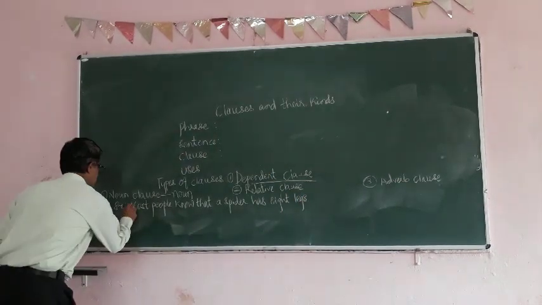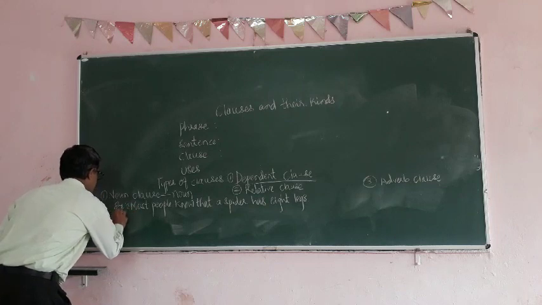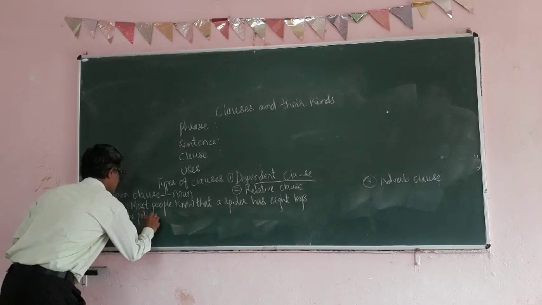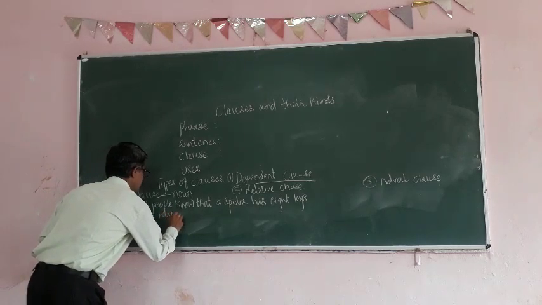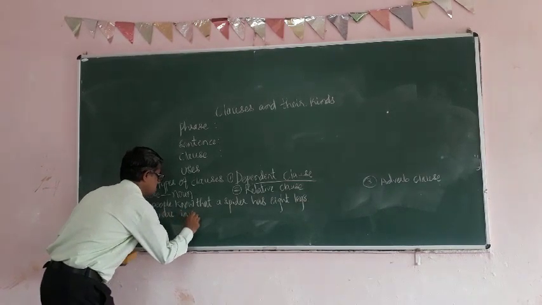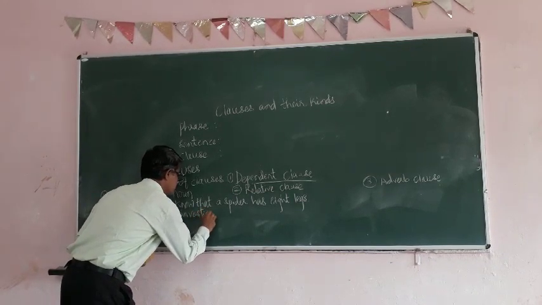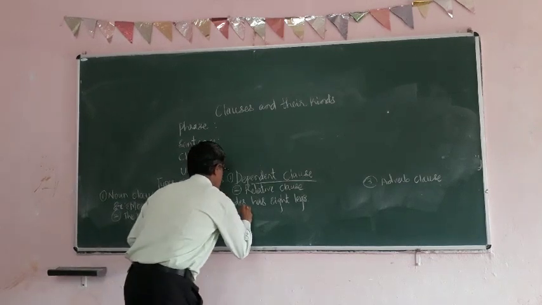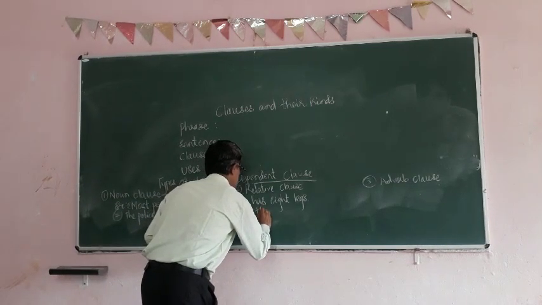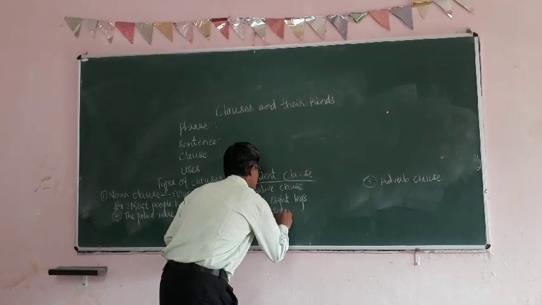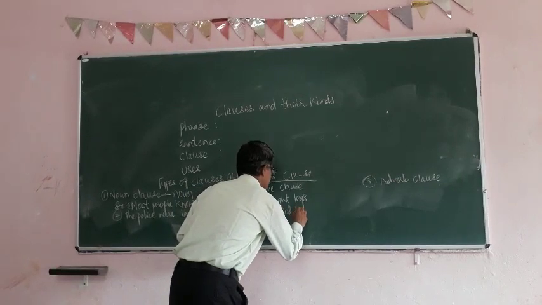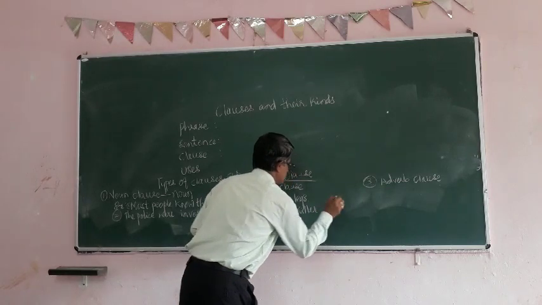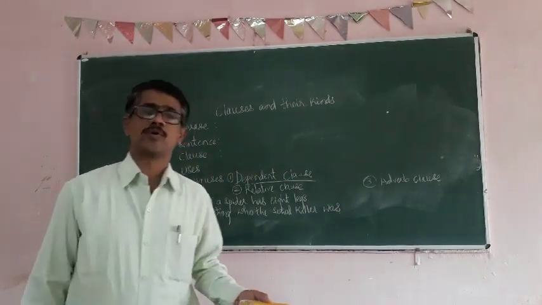Next, example number 2. The police were investigating who the serial killer was. These are the 2 examples of noun clauses.